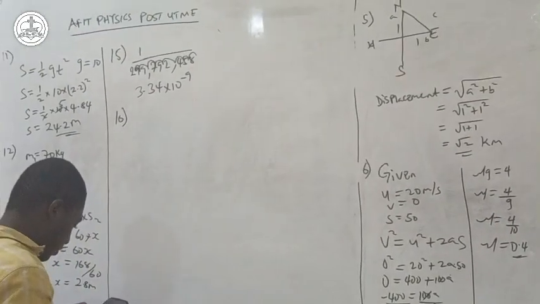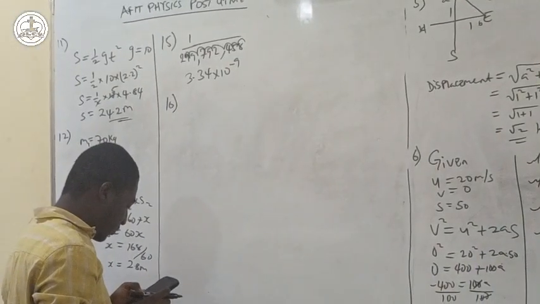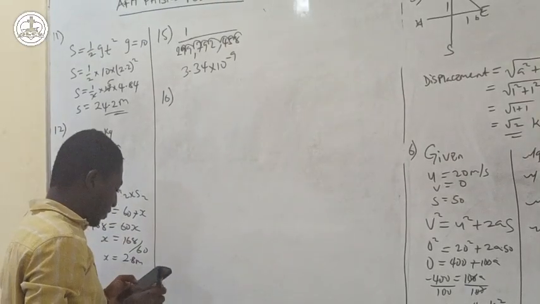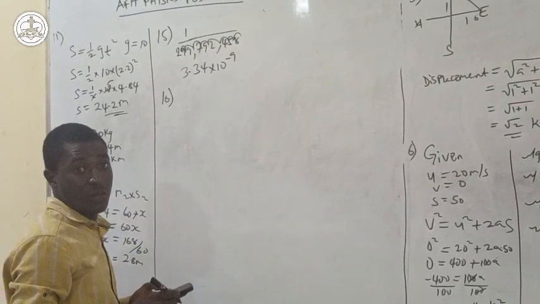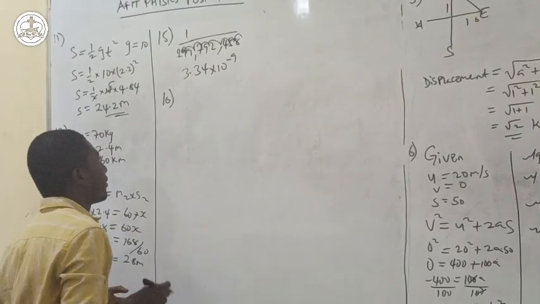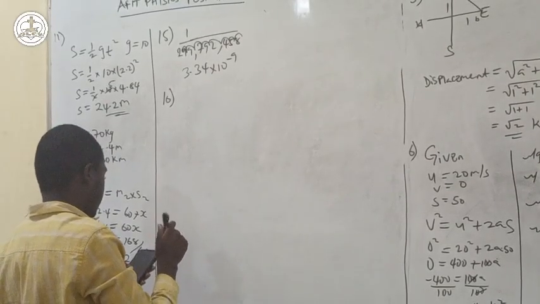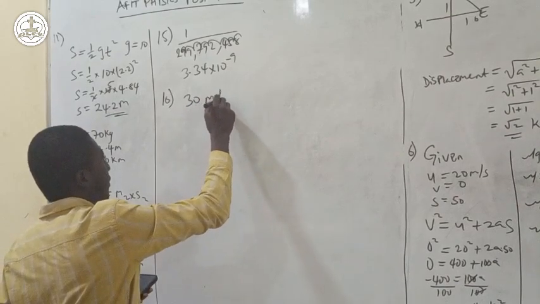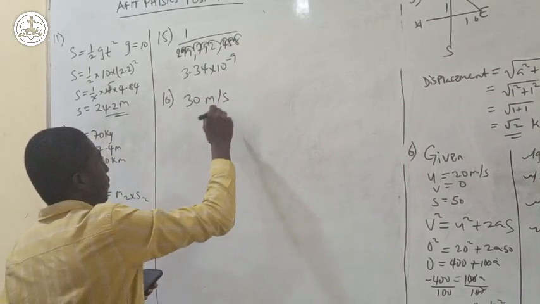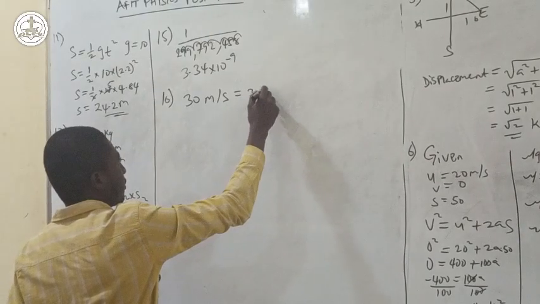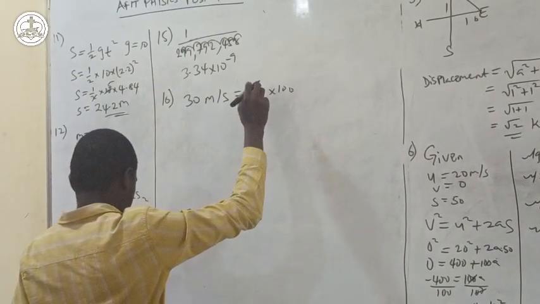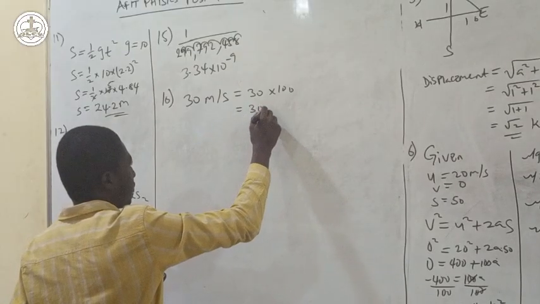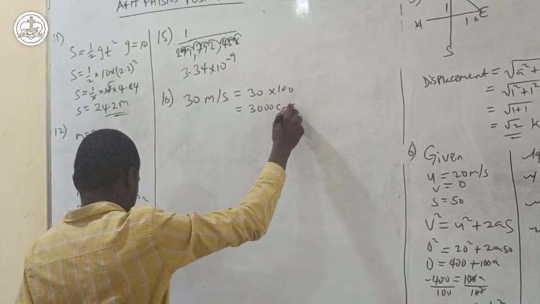So that's it. Question 16 says convert 30 meter per second to centimeter per minute. 30 meter per second is equal to 30 times 100, which is equal to 3000 centimeter per second.